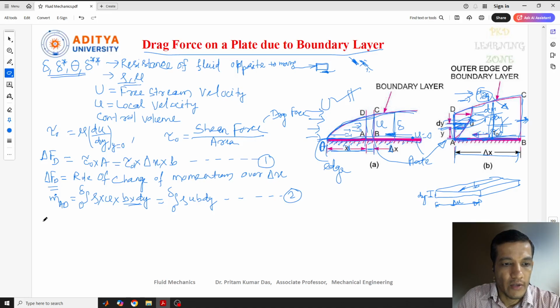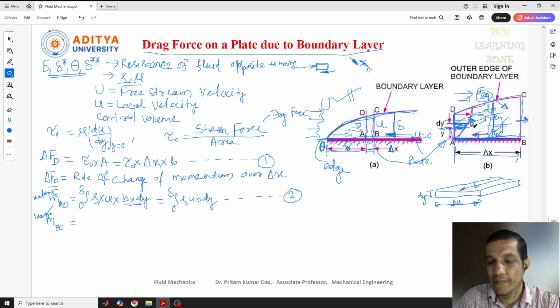Similarly, we need to find the mass rate of flow which is entering through CD, which we don't know. But before going to that, we can see how much is leaving through BC. This is entering, and this is leaving. Leaving is how much?